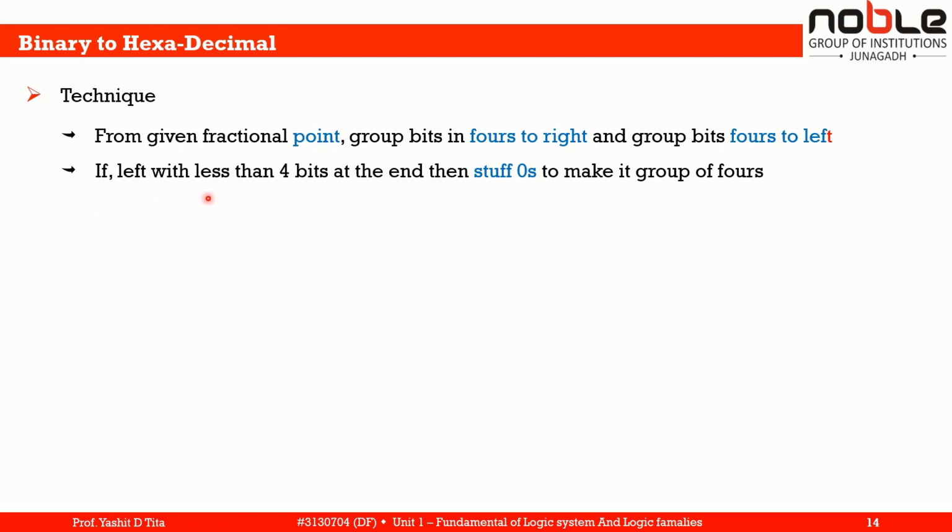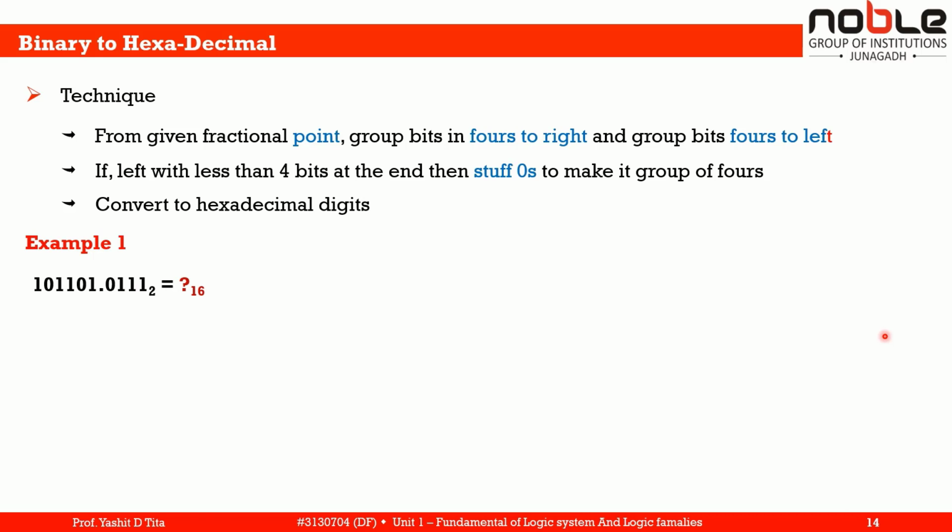If left with fewer than 4 bits at the end, then stuff zeros to make it a group of 4. Convert to a hexadecimal digit. Let's take one example to understand this concept. 101101.0111 binary is equal to what hexadecimal number?